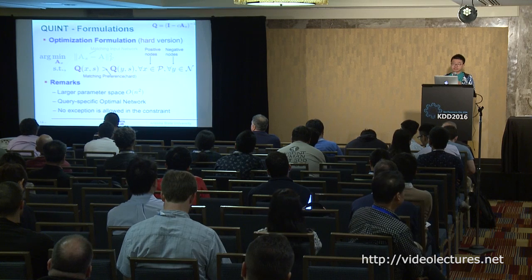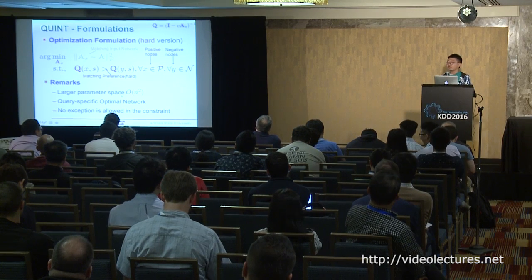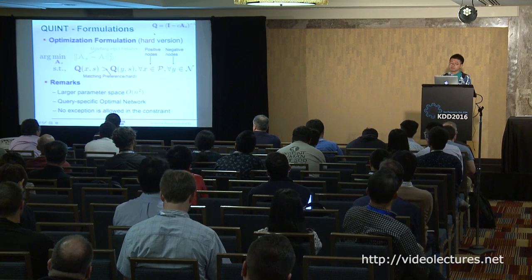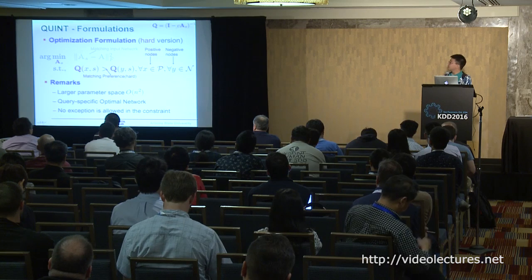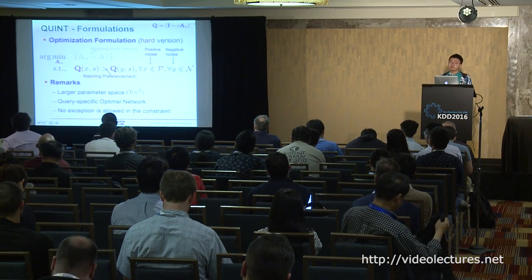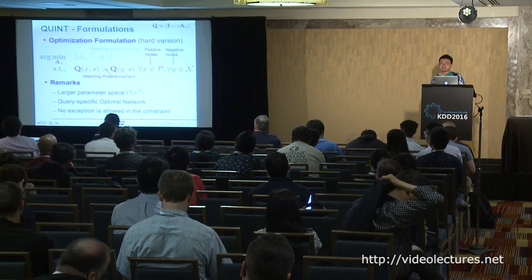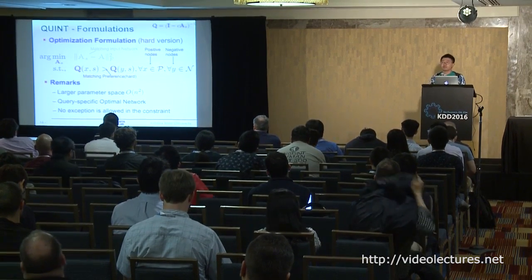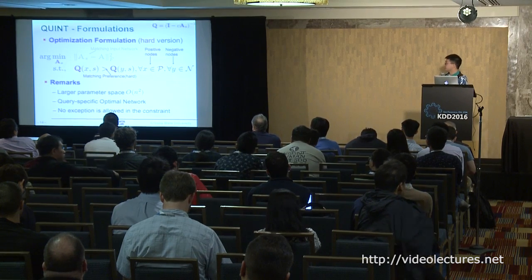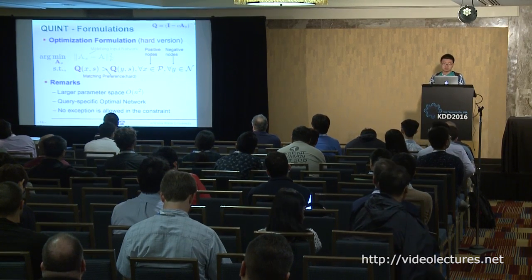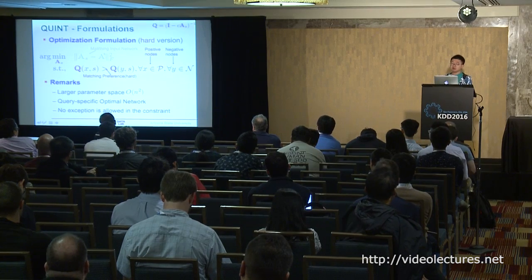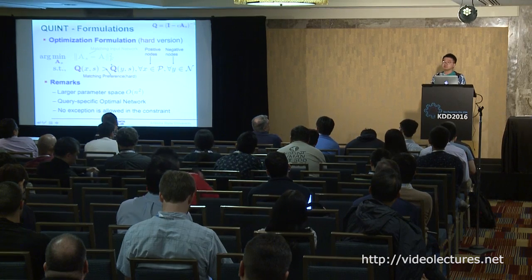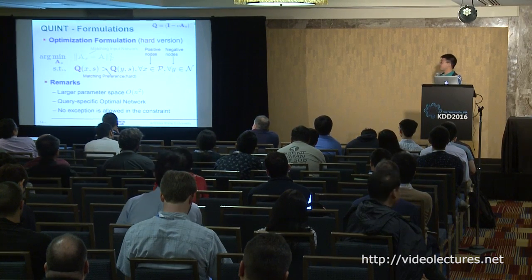So here the matrix Q stores the pairwise proximity score from node i to node j, and it can be computed as in the top right corner. As a remark, in this formulation, we are searching in the larger parameter space, that is n squared, and we are learning a query-specific optimal network. Notice that in the constraint, there is no exception allowed, which is not often satisfied in practice.